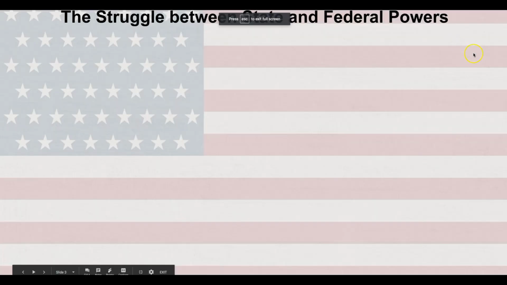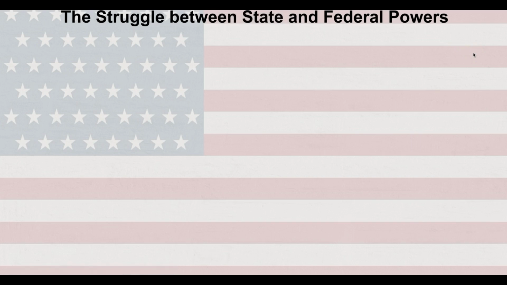All right, so since the beginning of our nation's government, and this is going to be no surprise to any of you that have any sort of background in American history, there have been significant struggles between the state and the federal powers as to who is able to exercise their political muscle in each realm.